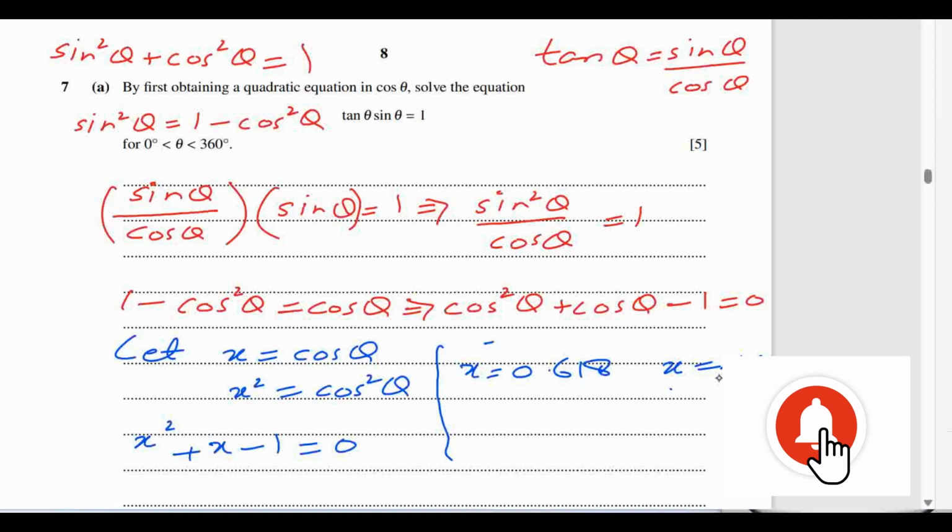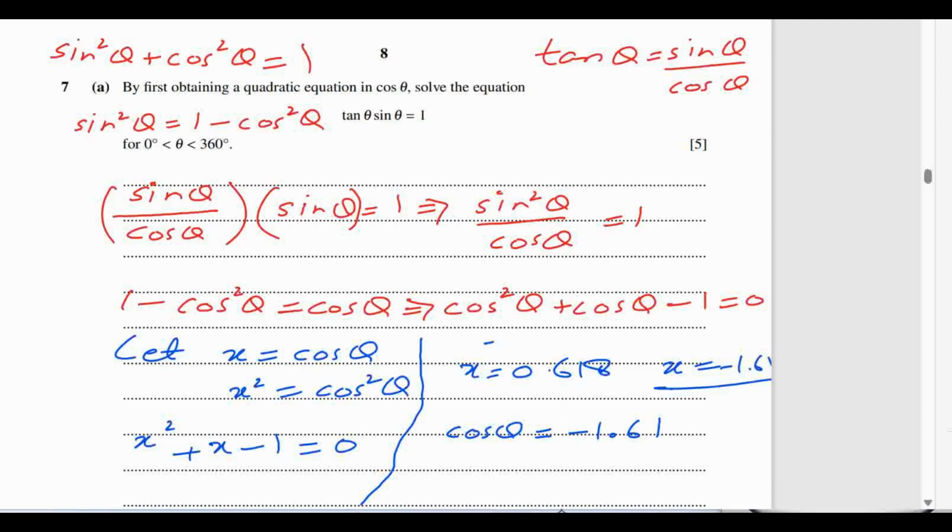Now let's check the second one first. As x is equal to minus 1.61, cos theta will be equal to minus 1.61. So theta will be equal to cos inverse of minus 1.61.